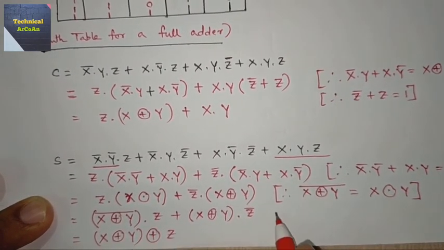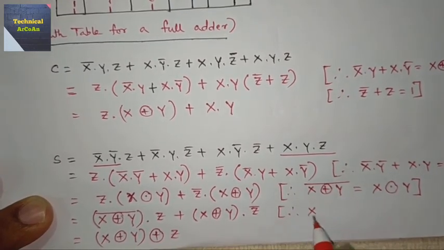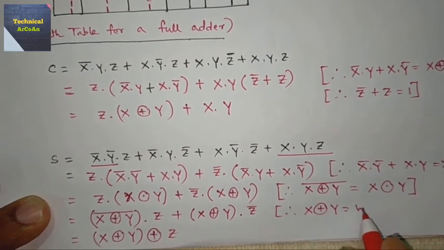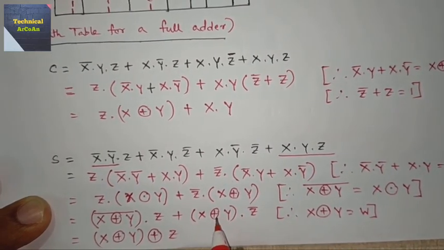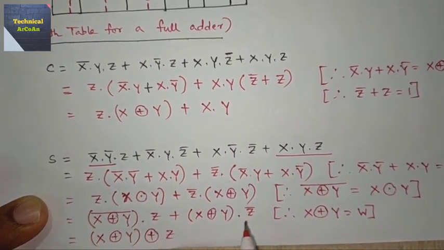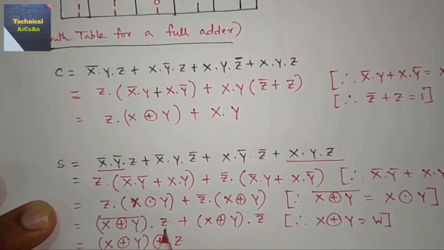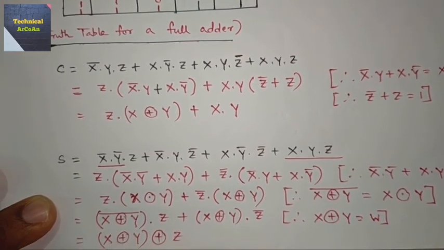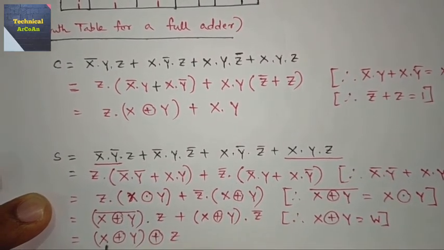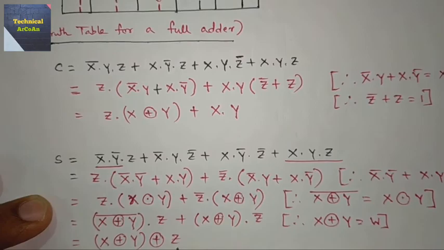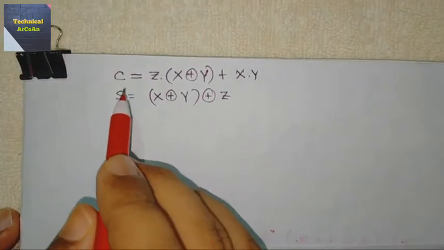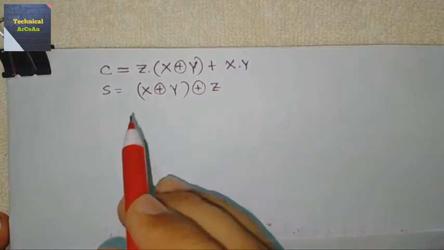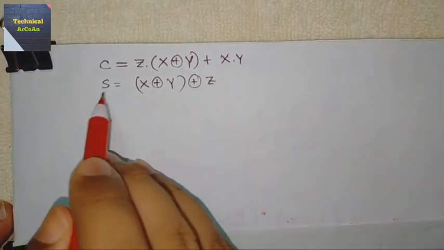Means here we are thinking about that x XOR y as w, so in that case w dot z complement here, and here w complement dot z, so it will be w XOR z, and w is this. That's why the simplification is in that way, x XOR y XOR z. So these are the two simplified Boolean functions for the full adder. One is C, the other is S.